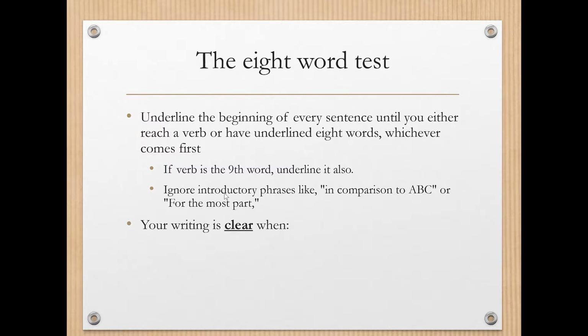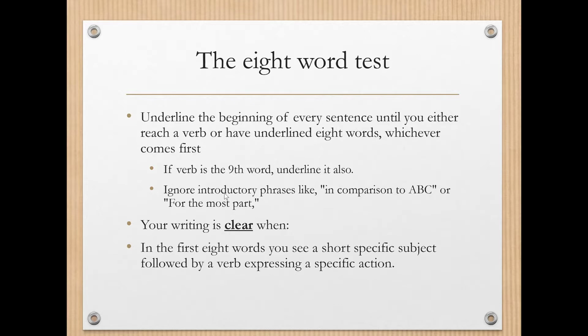The point here is when you look at the underlined words, you can know that your writing will be clear when in those first 8 words you see a short, specific subject followed by a verb expressing a specific action. Of course, if you don't see this, if you fail the test, then you've got to work harder until you pass the 8-word test. So we won't look at examples here.